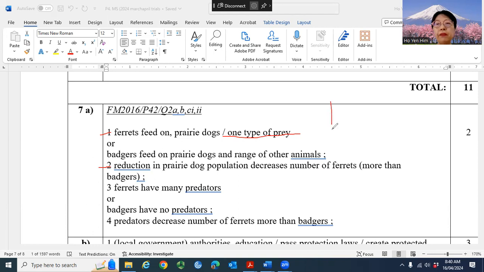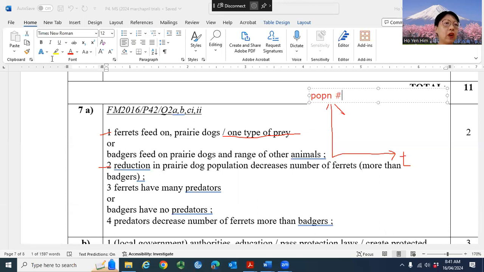Remember this graph. This is time, and this is the population size, the population number. We have got the prairie dogs, so the number is high.